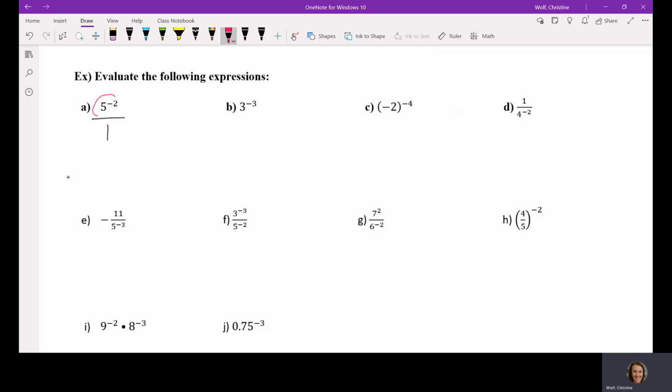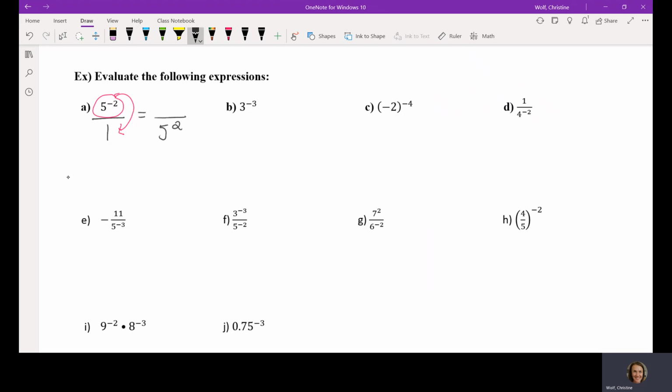So we take this whole power and send it down to the denominator. We rewrite this, but now that 1 that was down there is being replaced by the power. And once you send it down, the exponent becomes positive.